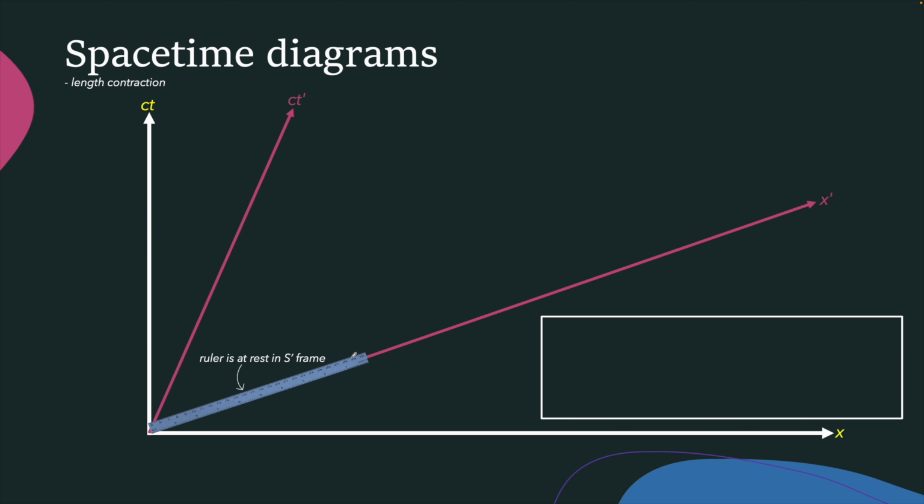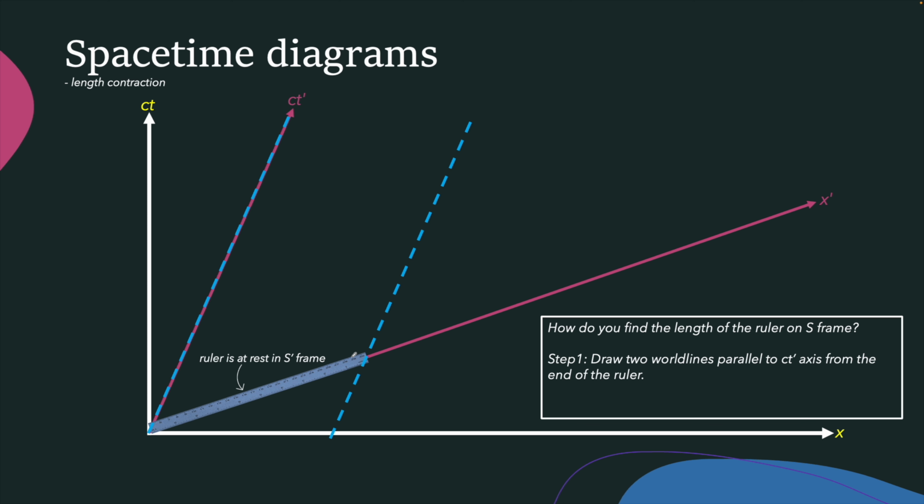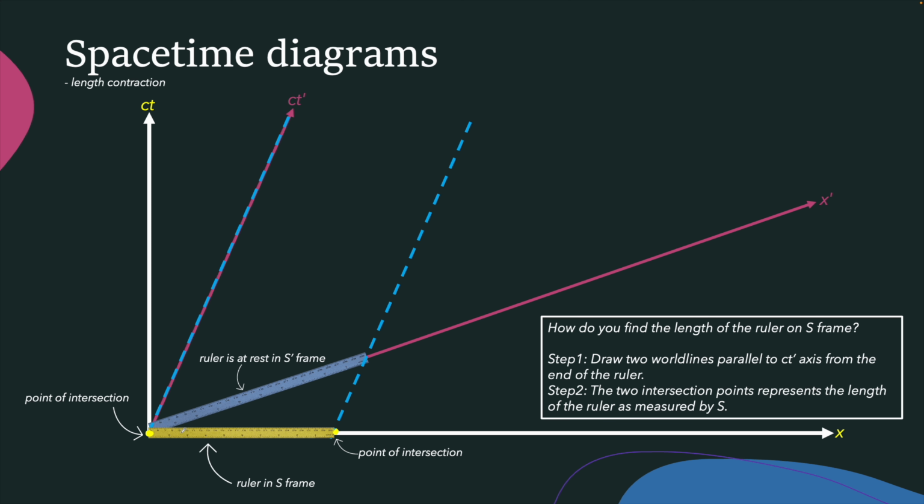Next, what if the ruler is at rest in S prime frame? In this case, you're going to find the length of the ruler in S frame by drawing two world lines parallel to the ct prime axis as shown in the figure. And then you'll find the points of intersection, this and this over here, which will give you the ruler length in S frame. Now, it is clearly understandable that the length of the ruler is shorter in S frame compared to S prime frame since the relativistic effect will cause length contraction.